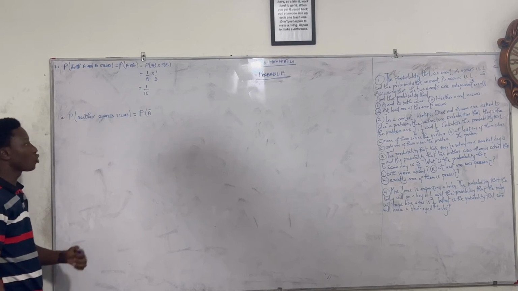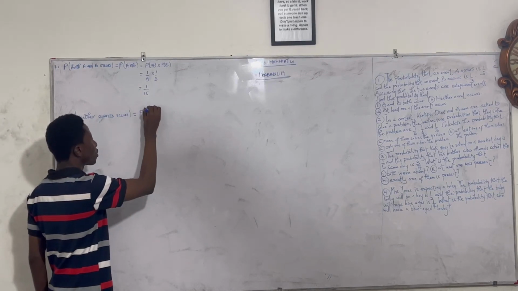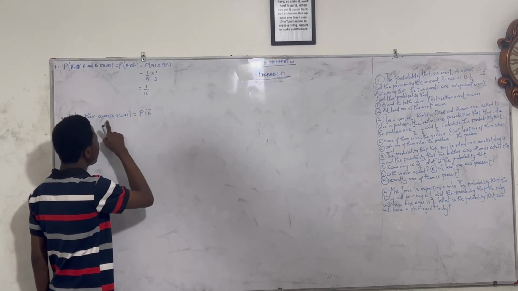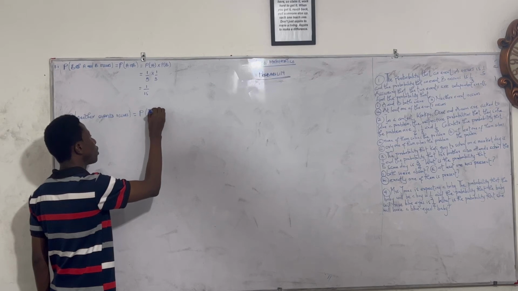When I was introducing probability, I introduced these terms to you. The bar means A does not occur. Neither event occurs means A does not occur, and B does not also occur.